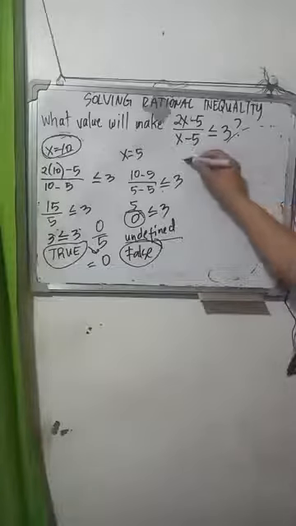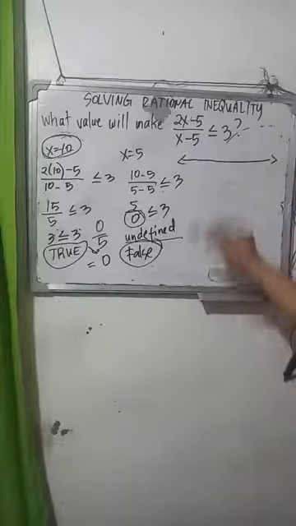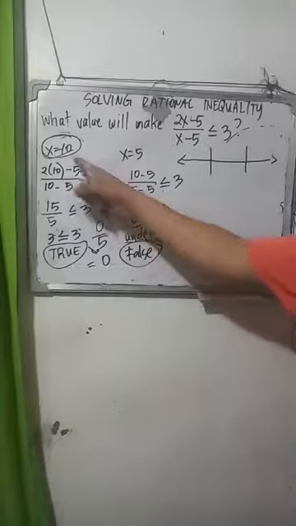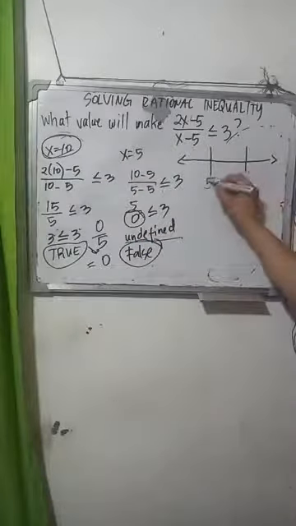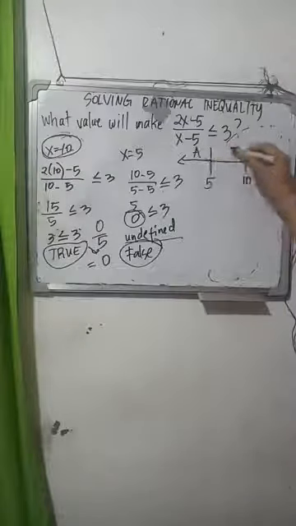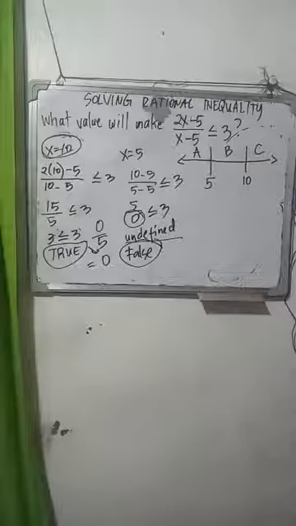So interval line. Ito. Using the meaningful numbers. Ano ba yung mauna natin sa atin? 10 or 5? Okay, that is 5 and 10. We will make this one interval A, this one interval B, and interval C.